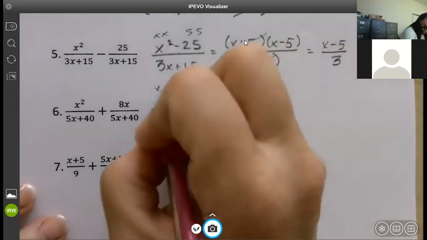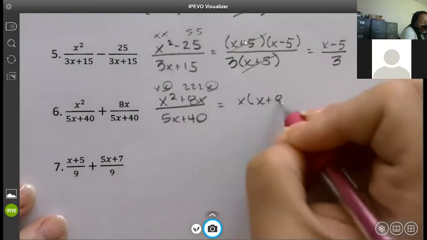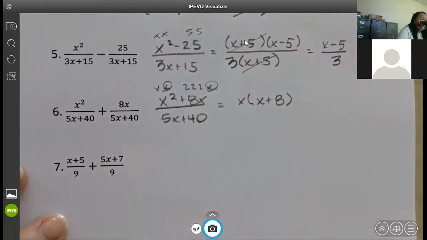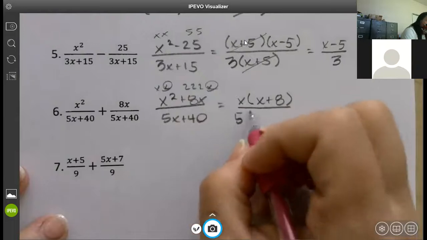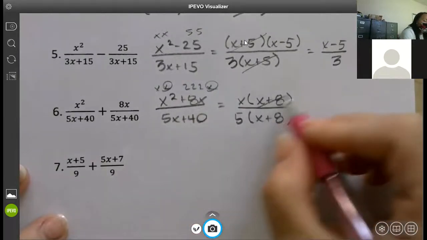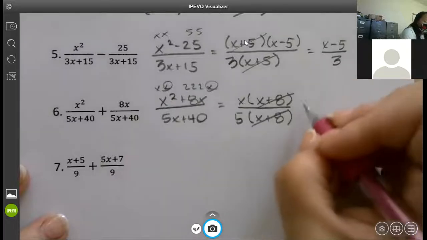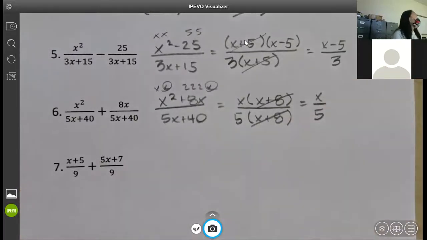But what it does have is a GCF of x. So it leaves me with x plus 8. On the bottom, we have a GCF of 5. Leaves me with x plus 8. If it's the same on the top and the bottom, it marks out. And that leaves me with x over 5. Real quick and simple.